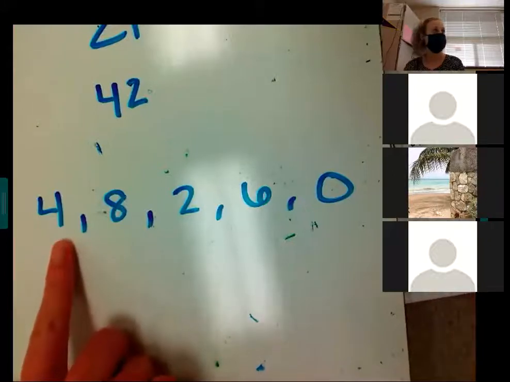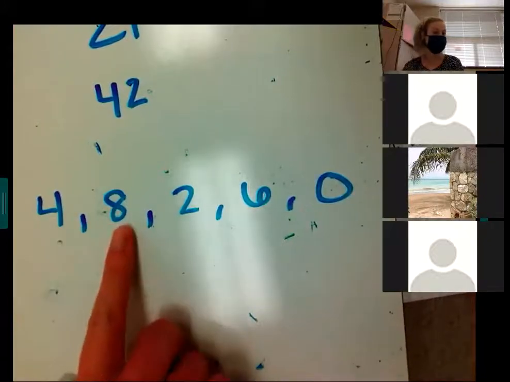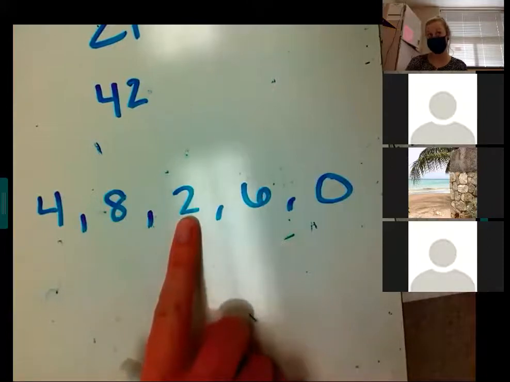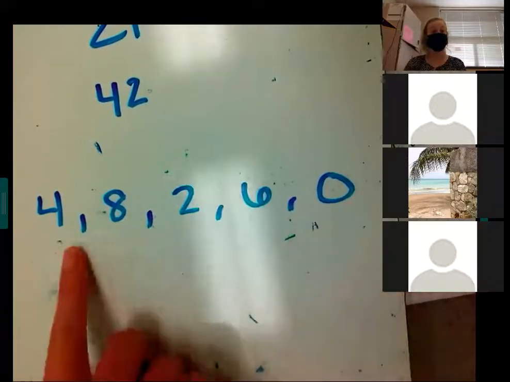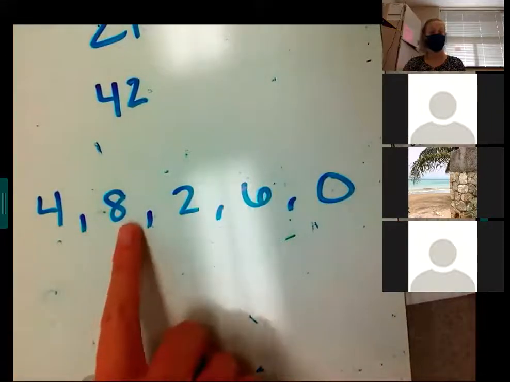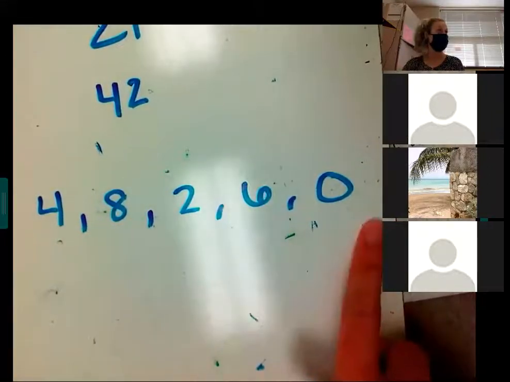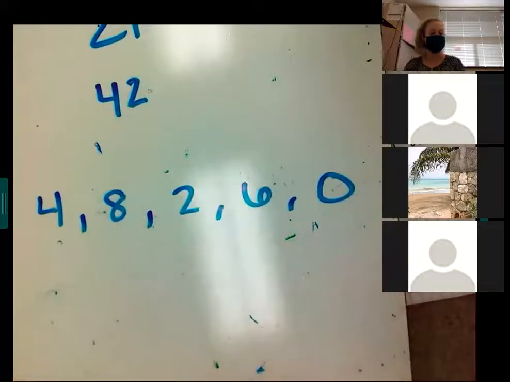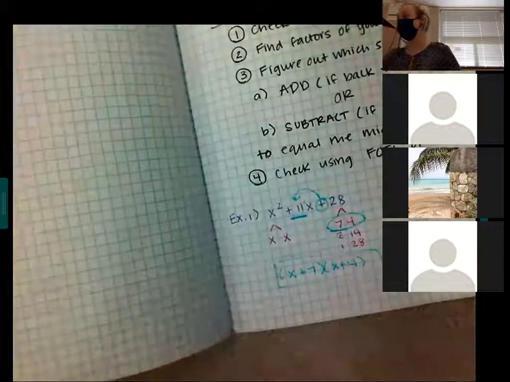So 4 is divisible by 4, 8, 12, 16, 20, 24, 28, 32, 36, 40, 44, 48, 52, 56, 60. You get what I'm doing? There's lots of different patterns to figure out factors. I'm sad y'all have never seen that, but that's okay.